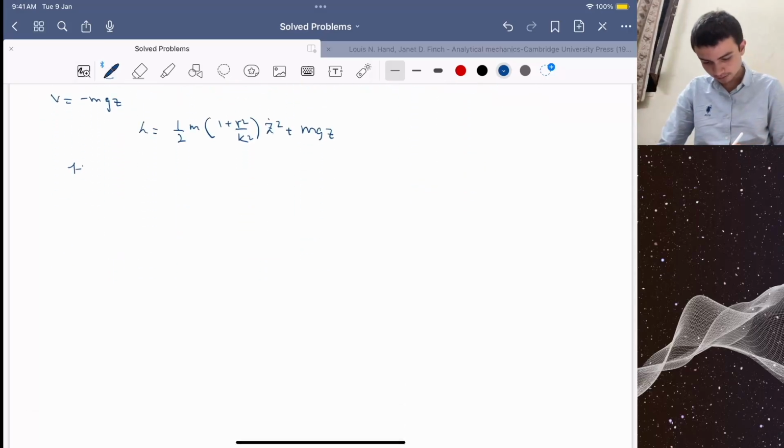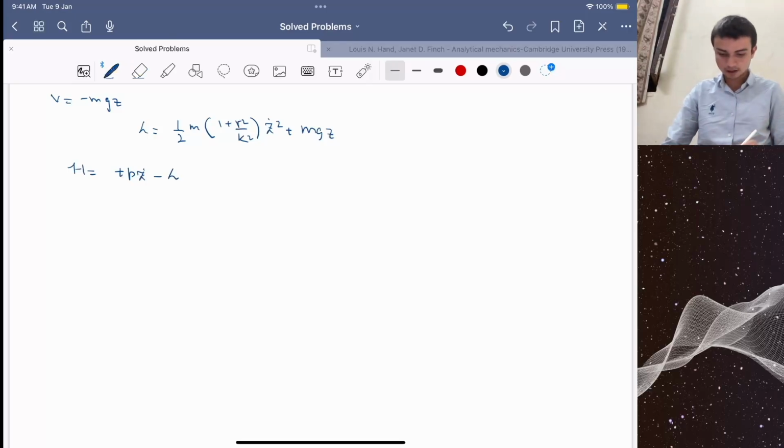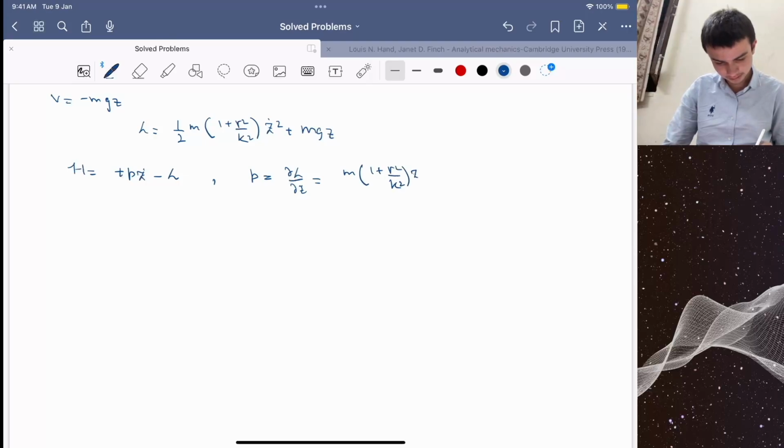My Hamiltonian will be p z dot minus the Lagrangian. Now let's get our p, which is del L upon del z dot. That is m (1 plus r squared by k squared) z dot.